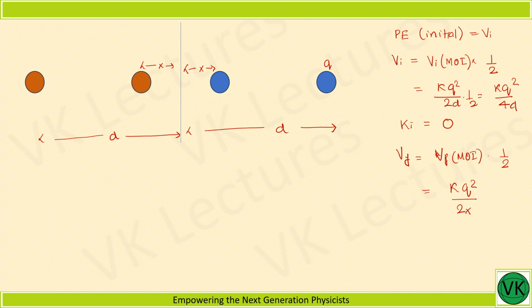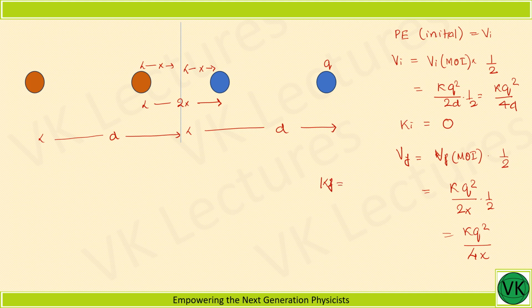So now this distance is 2x, so 2x into 1 by 2, that's equal to kq square by 4x.